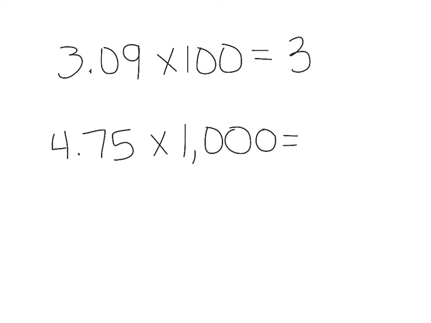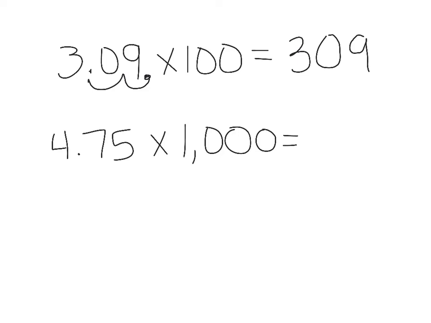Our 0 moves from the tenths place to the tens place. Our 9 moves from the hundredths place to the ones place. We can also think of it as moving our decimal point 2 places to the right. So our answer is 309.